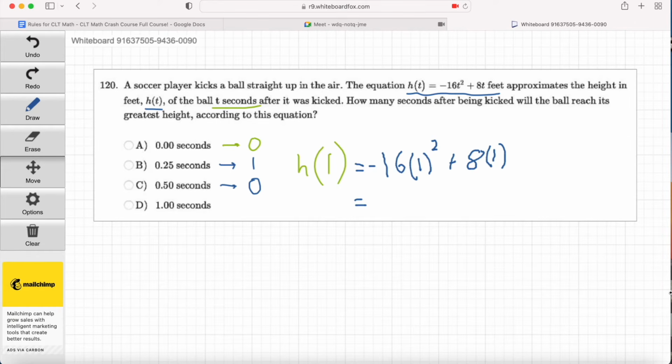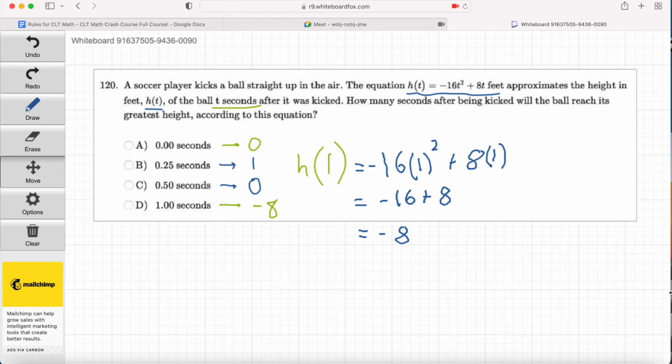It's just going to be -16 there. It's going to be negative, right? The ball apparently has plummeted into the ground after 1 second. I don't know how that works, but that's definitely not going to be the greatest height.